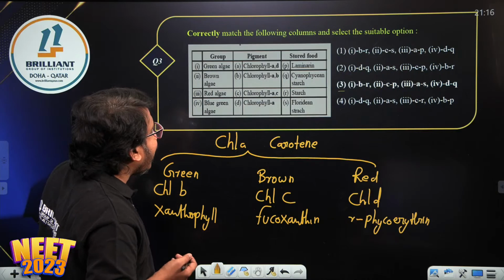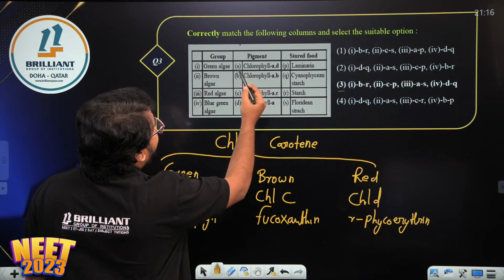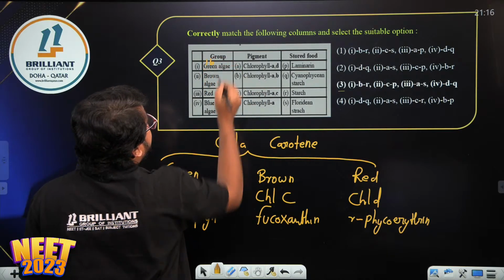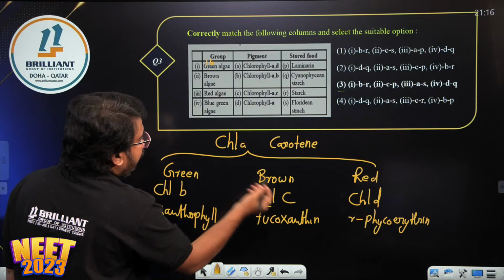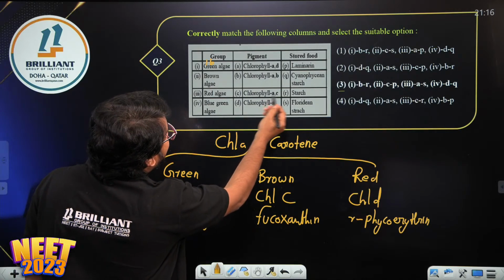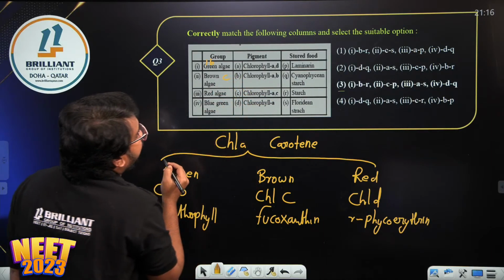So here green algae, you can see the main pigment that is coming is chlorophyll A and chlorophyll B. So 1B is coming. Then brown algae, chlorophyll C and fucoxanthin. Chlorophyll A and C is written here. So 2C is coming.